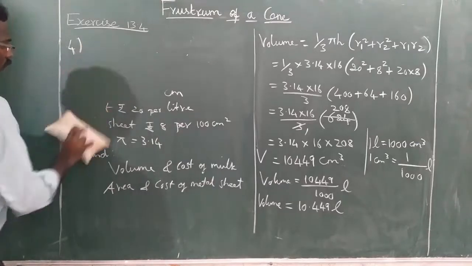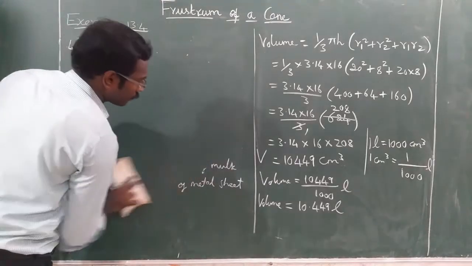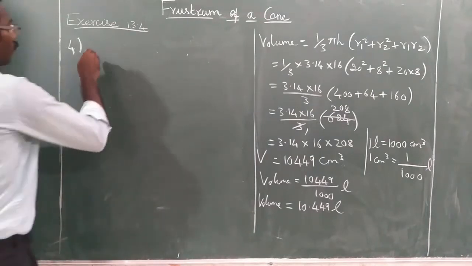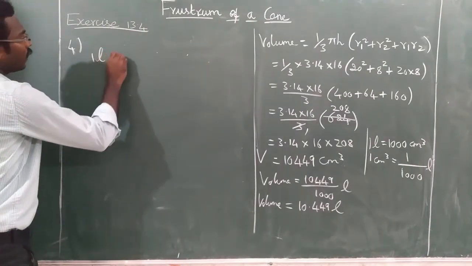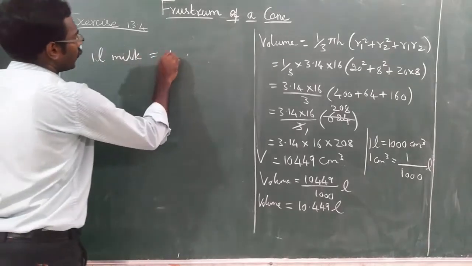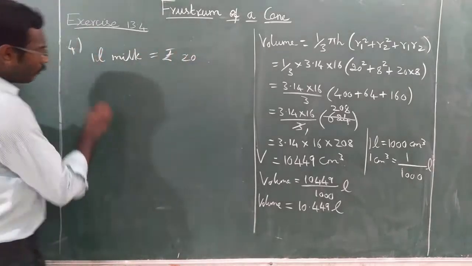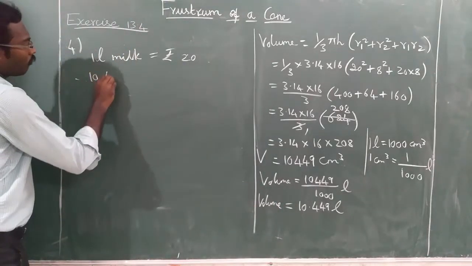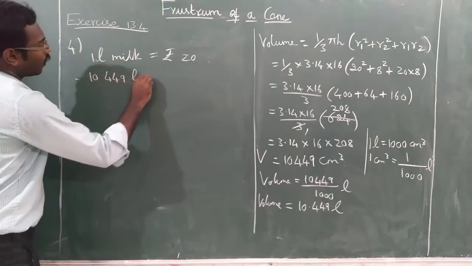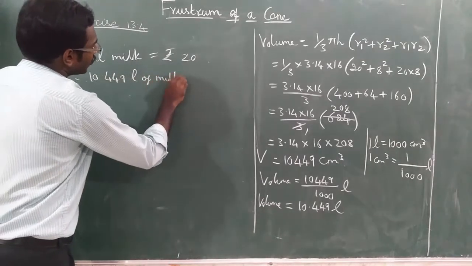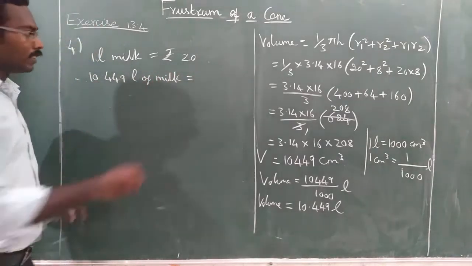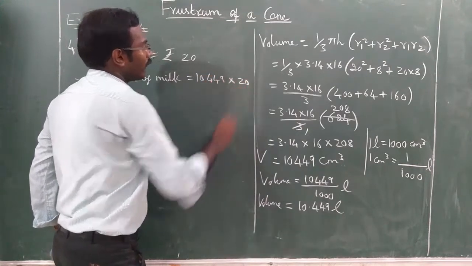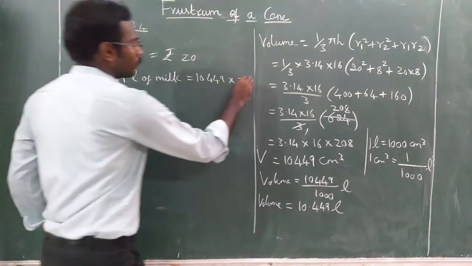So the cost of the milk. One liter of milk is equal to ₹20. Therefore, for 10.449 liters of milk, you multiply 10.449 into 20 rupees.